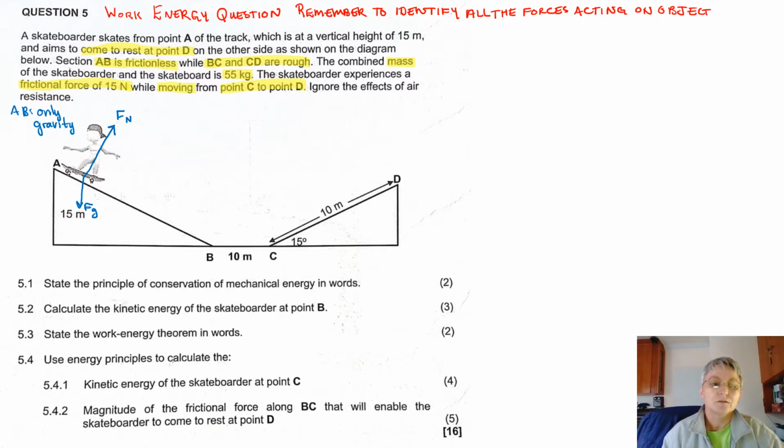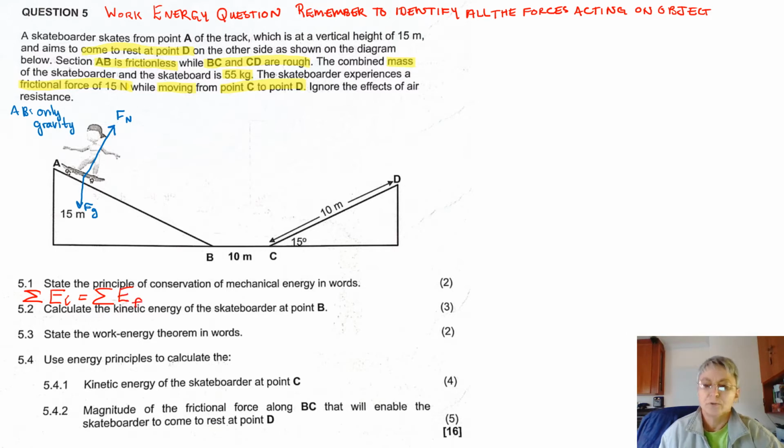So the first question, 5.1, state the principle of conservation of mechanical energy in words. It says that the total mechanical energy in an isolated system remains constant. So in symbols, in mathematical equation, the sum of all the mechanical energies initially would be the sum of all the mechanical energies finally.